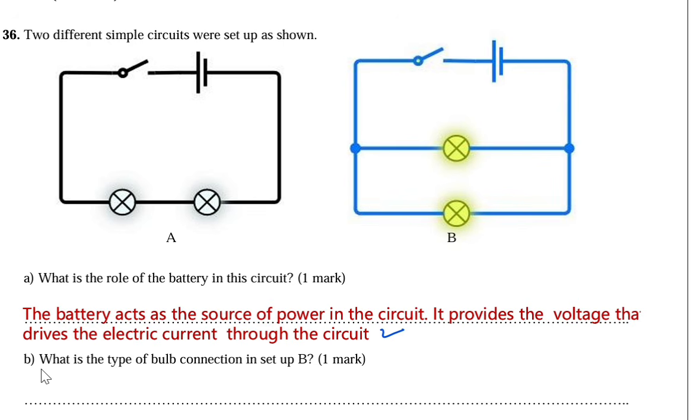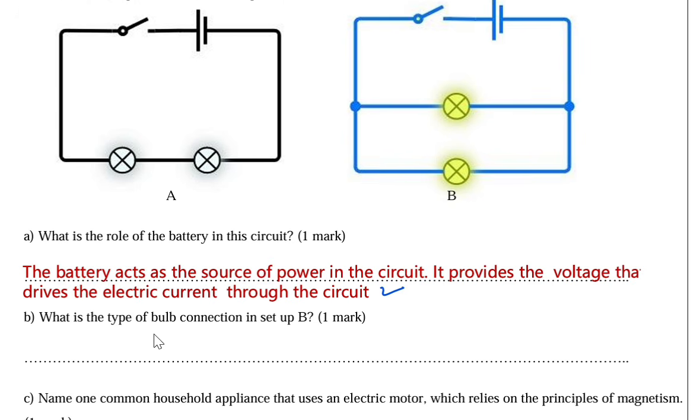Part B, what is the type of bulb connection in setup B? In setup B, we have an arrangement of bulbs in this order. The type is called parallel arrangement. So the connection is parallel. What about A?